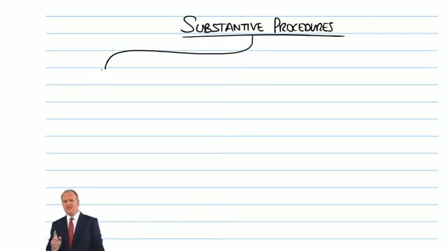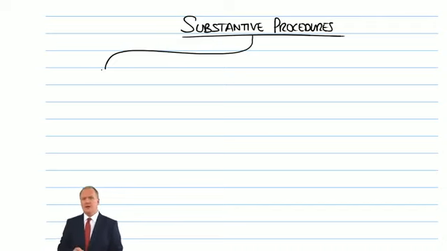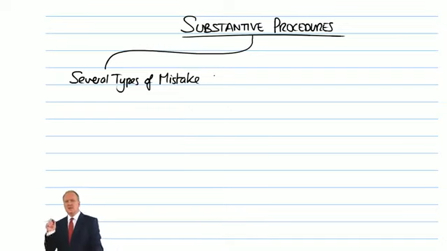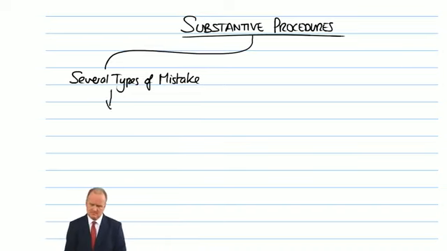And if we are checking for mistakes in the accounts, we need to be aware that there are several types of mistake that we need to test. And it's those types of mistake that lead us to the assertions. An assertion is a claim.